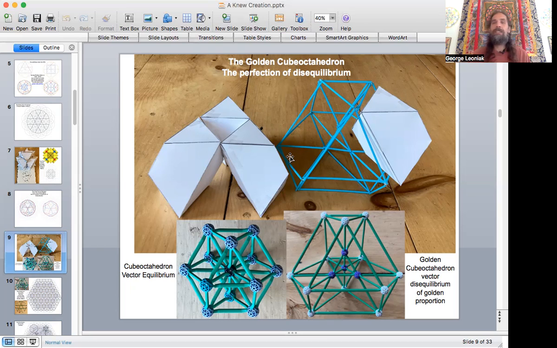Disequilibrium perfection, that is. The reason I'm using the word disequilibrium is that when I looked recently at Buckminster Fuller's cosmic hierarchy of the forms, he doesn't have the icosahedron or the dodecahedron in that hierarchy at all. Some well-known geometers were saying that Bucky might have left some things out, even though, of course, he used all phi ratio in his geodesic buildings, with the pentagon and hexagon coming together to make those domes.